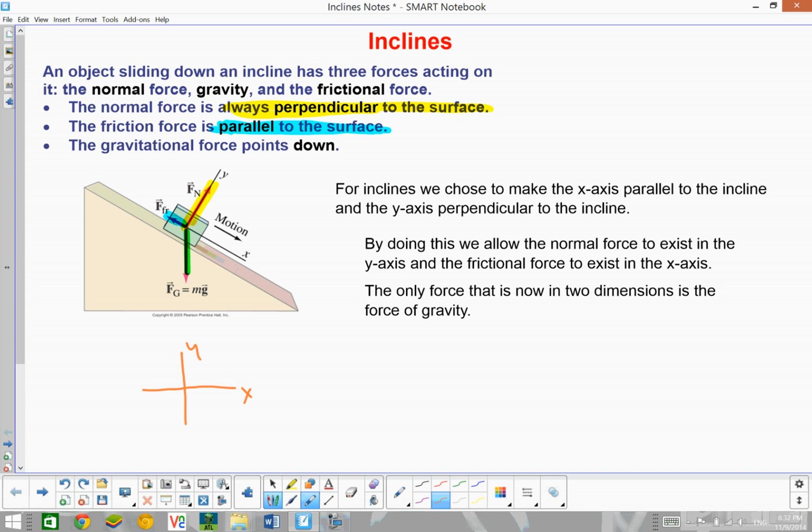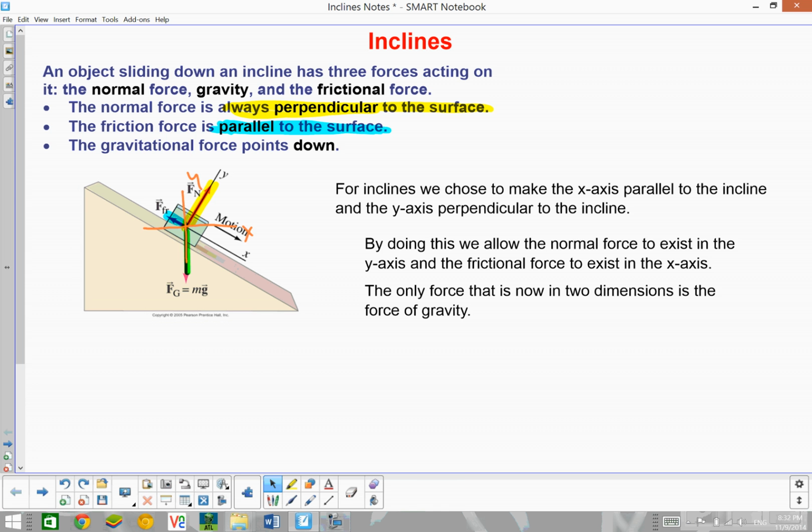Now, if we were to utilize the traditional coordinate system as I've drawn, we would find that the normal force and the force of friction are forces that exist in two dimensions. If you recall, anytime you have two dimensions, you have to separate those vectors into your individual x and y dimensions.